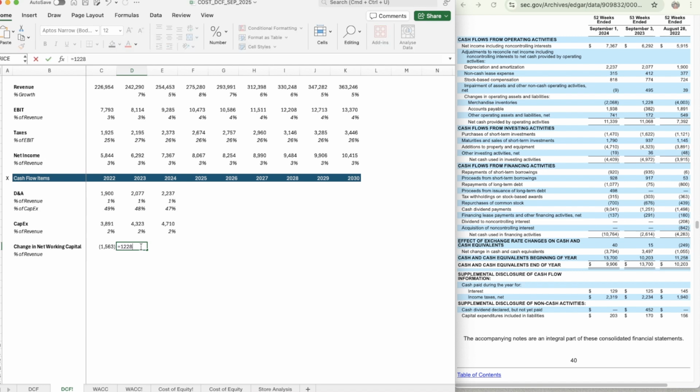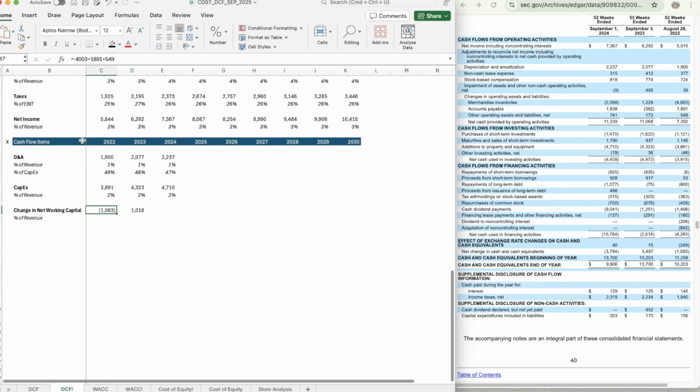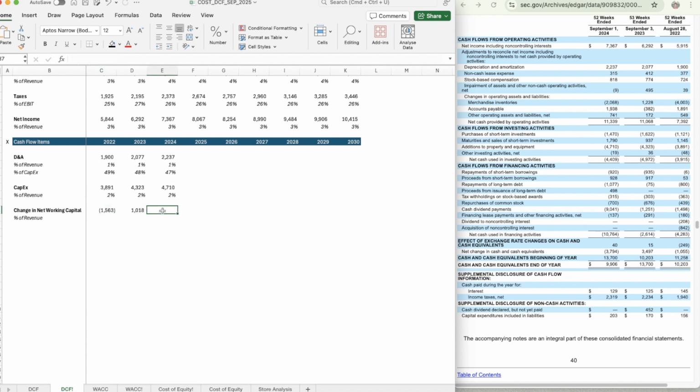Equals 1228 minus 382 plus 172. When this figure is negative, it's very good for free cash flow, because you take your earnings before interest but after tax, add back depreciation and amortization because it's a non-cash expense, subtract CapEx, and subtract change in net working capital. So if this figure is negative, two negatives make a positive, so you add it back in. And obviously if it's positive, it lowers the free cash flow.